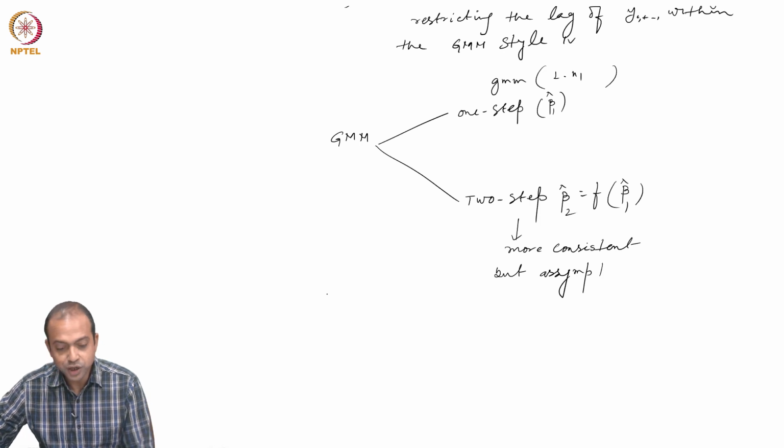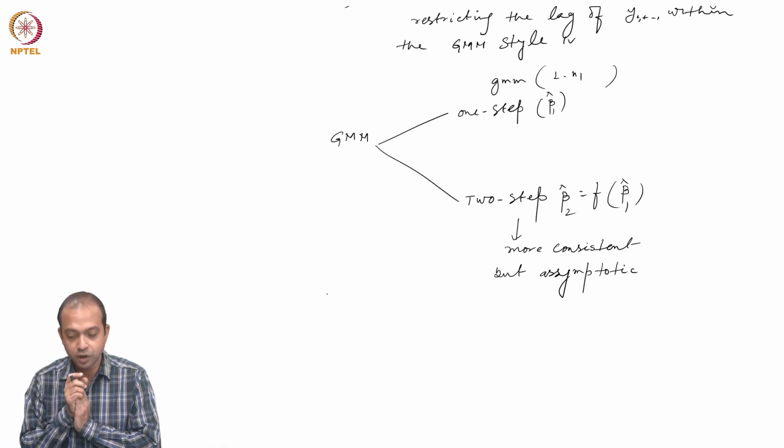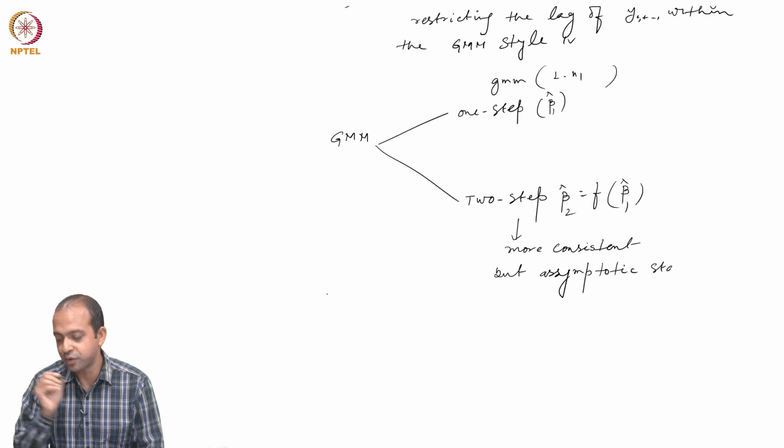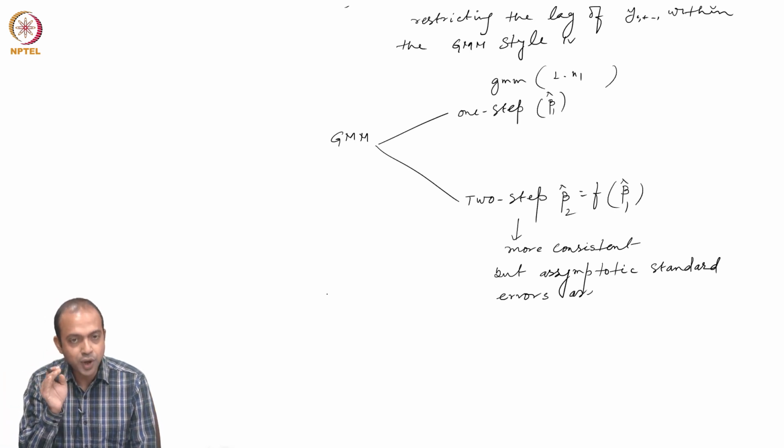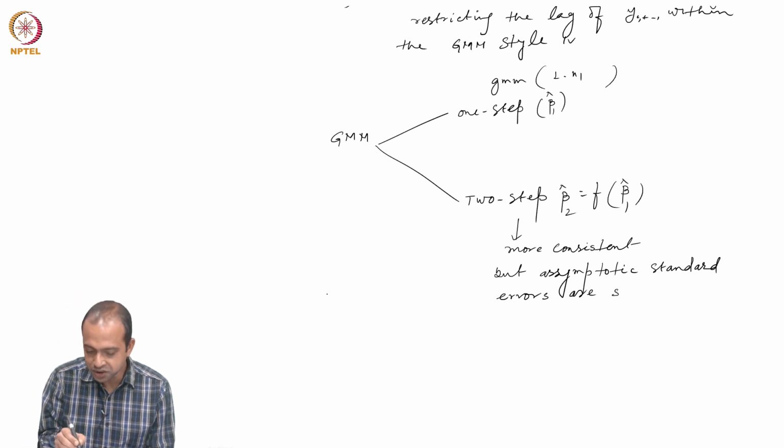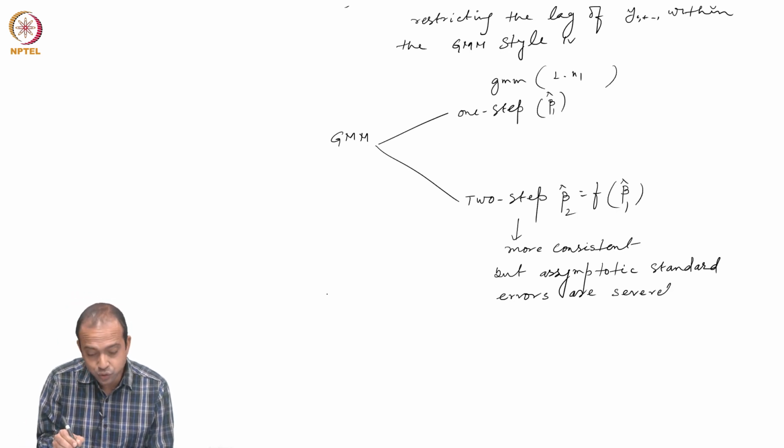So, whenever we are using two-step GMM, we have to keep in mind that the asymptotic standard errors of this beta 2 hat are severely downward biased, and we need to apply the Windmeijer correction. So, what is the solution when you are using two-step?